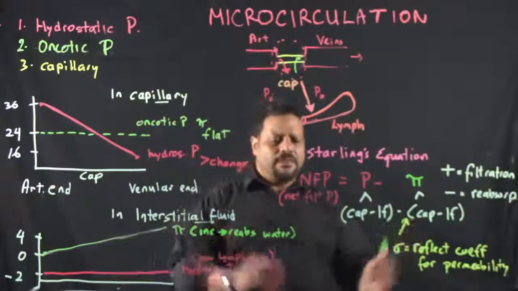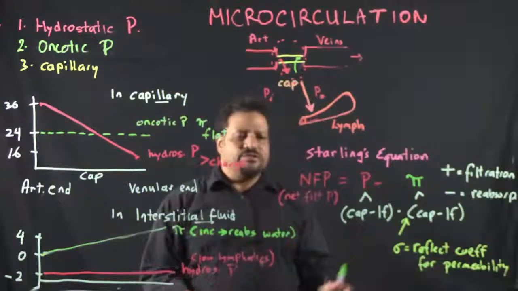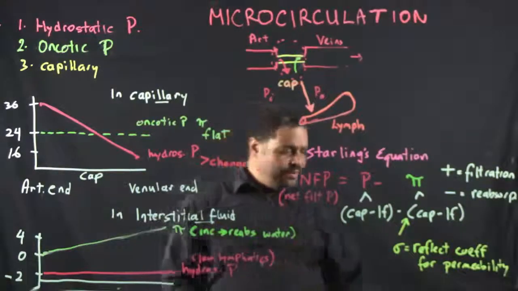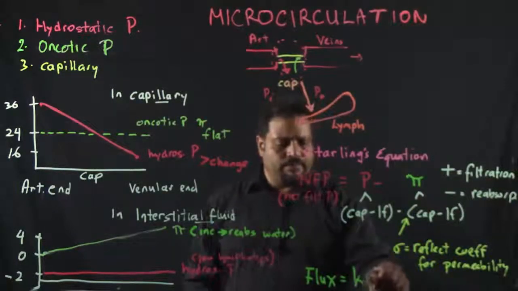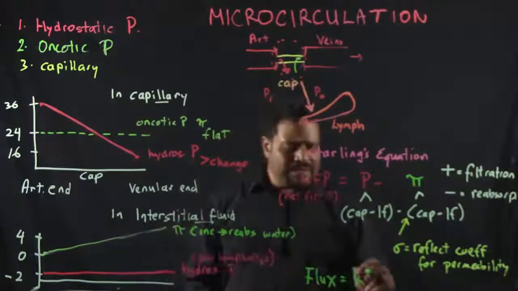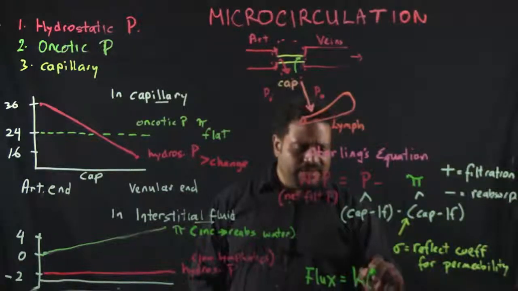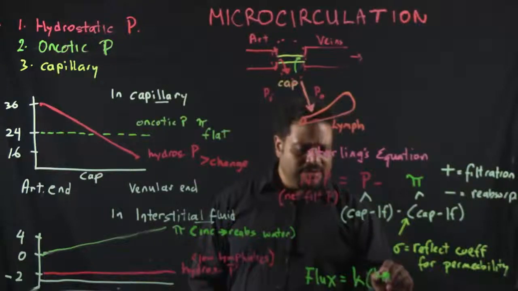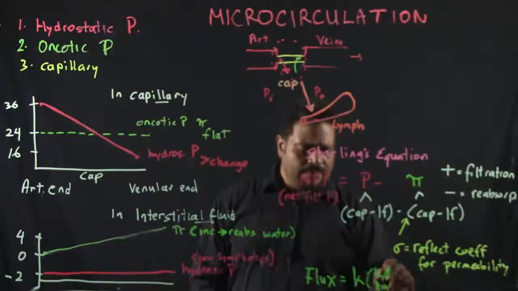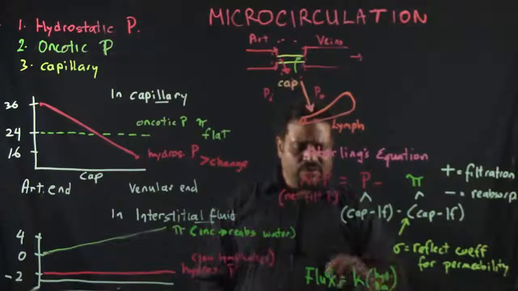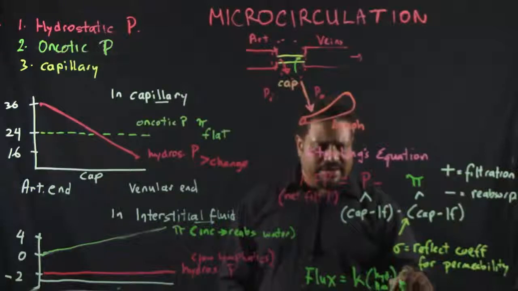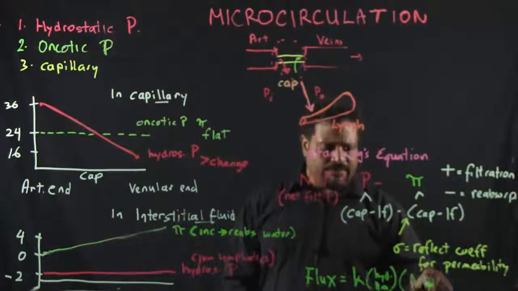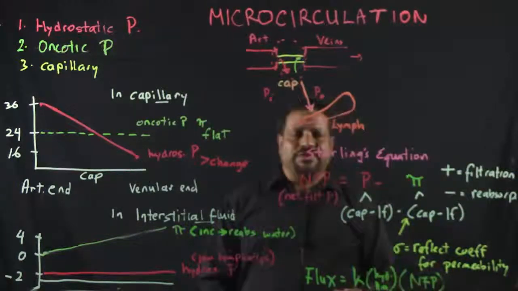There's another part of the equation that we have to introduce, and that is the flux. For the flux, we add in a constant, which is basically the hydraulic constant and area. All of that is involved within this flux. Basically you multiply the net filtration pressure by that specific constant.